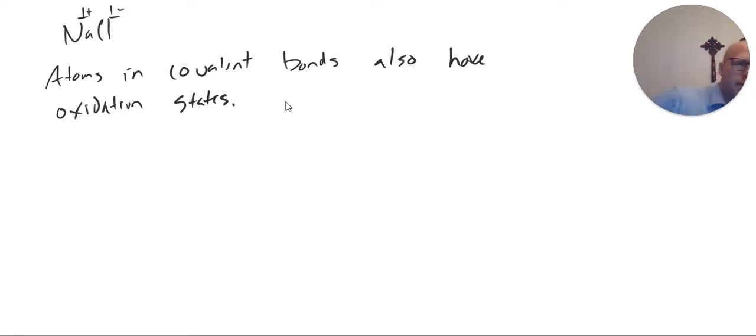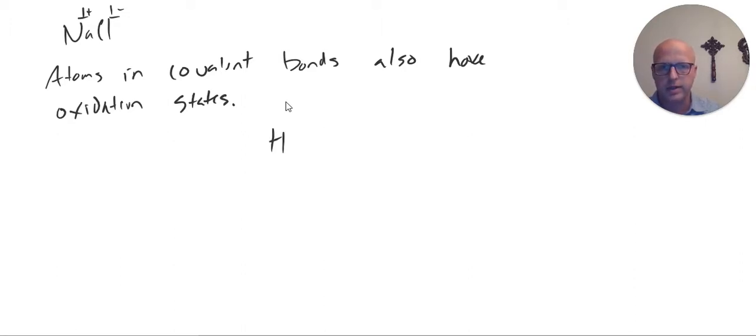It's based on their electronegativity, because there's an unequal sharing of electrons. If we remember back to last year, some atoms want electrons more than other atoms. So when they're in a covalent bond, those atoms that want the electrons more are going to hog it.